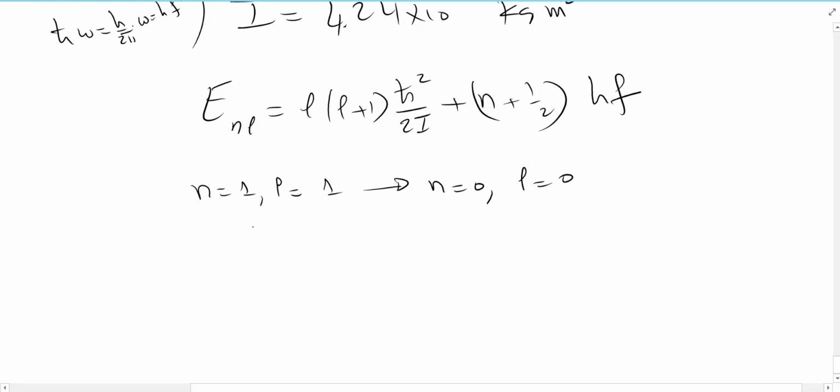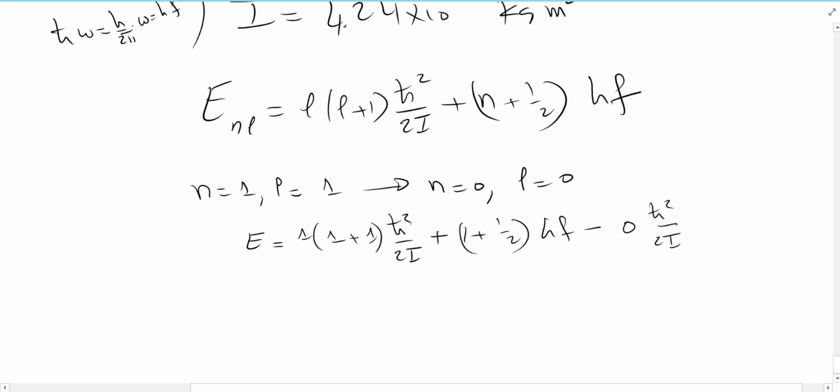So the final energy is going to be this one, and the initial energy is this one, and the frequency in this transition is going to be equal to the energy difference. So for L equals 1, it's 1 times (1 + 1) times h bar squared over 2I, plus n equals 1, so (1 + 1/2) times hf, minus the final energy where it settles down, L equals 0: 0 times h bar squared over 2I, minus, for n equals 0, (0 + 1/2) times hf.